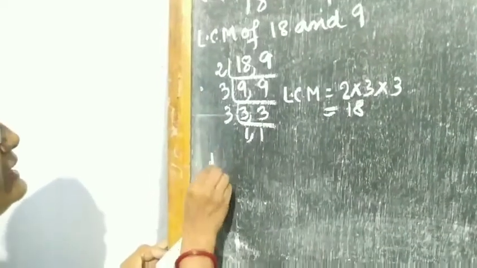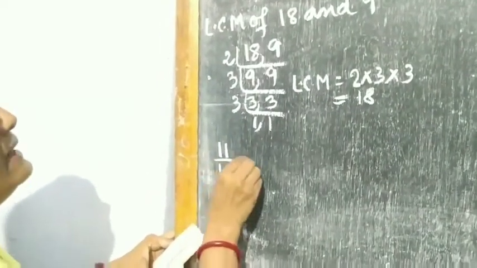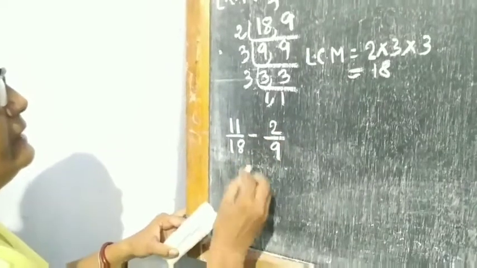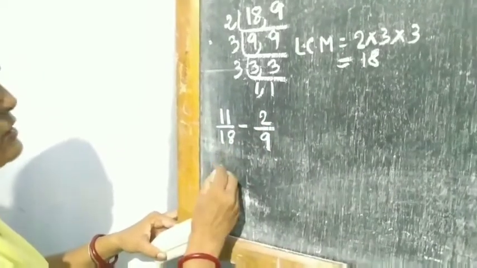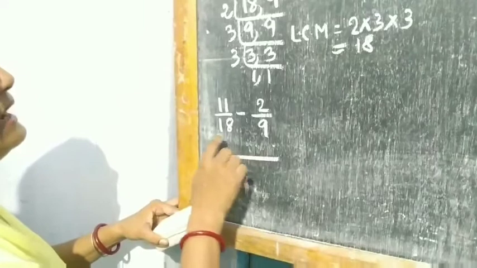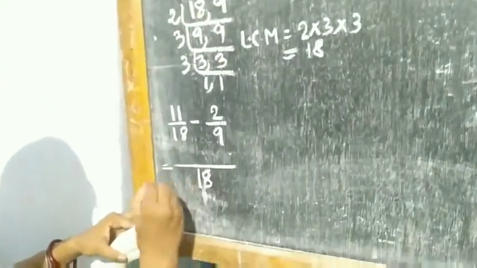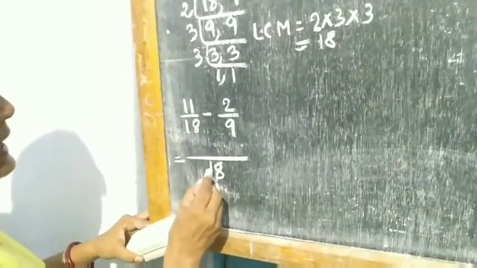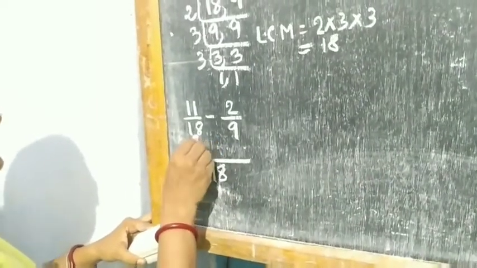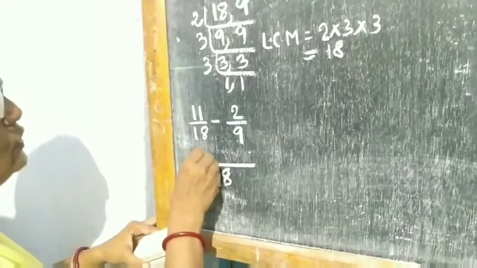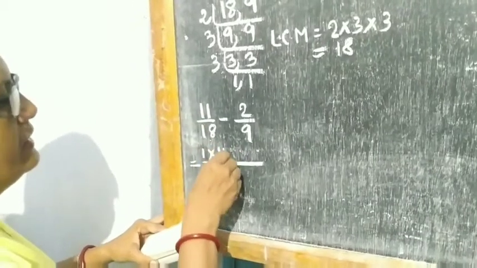Now children, you write the sum 11 by 18 minus 2 by 9. First you take the LCM of 18 and 9. So what is the LCM of 18 and 9? 18. So in the denominator you write 18. Now 18 divided by 18 is 1, so 1 into the numerator 11.